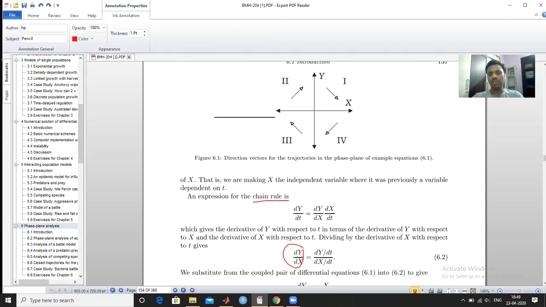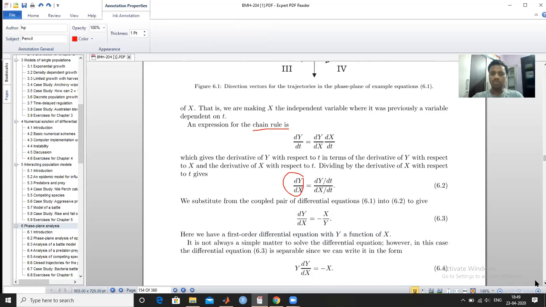Then dy over dx can be written as dy over dt divided by dx over dt by the chain rule. There is no doubt. You can put in the values from the given two equations: dy over dt was minus x and dx over dt was y. If you put these values here, you will get this differential equation, dy over dx is equal to minus x over y.